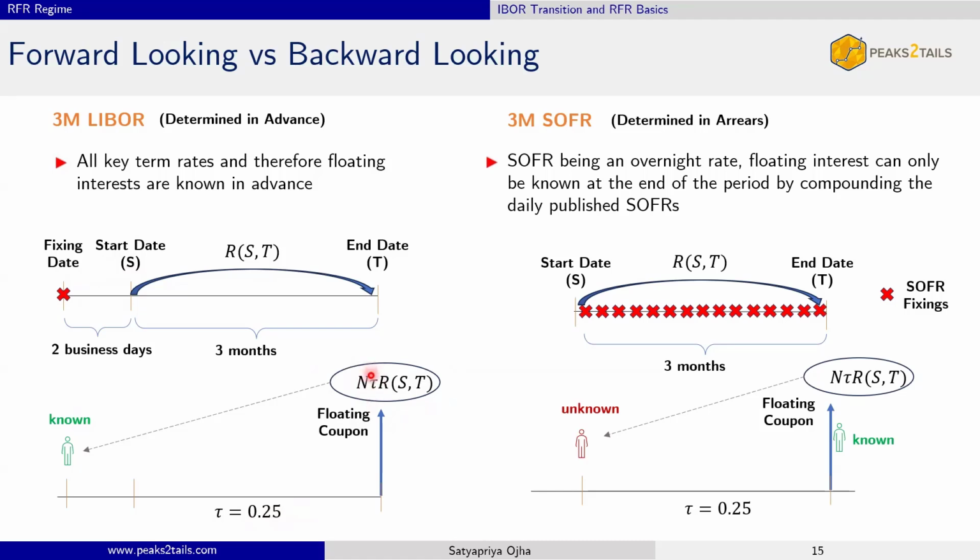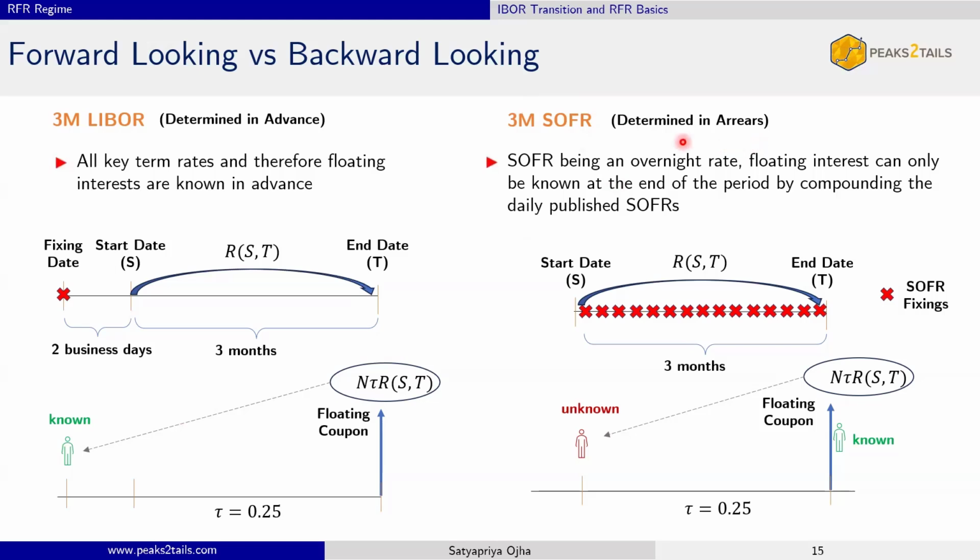Notional times 0.25 times this floating rate, correct? This floating rate is fully known at this point. You exactly know what is the floating payment that you're gonna get, right? So it is known in advance. Okay, so it was forward looking and it was known in advance. That is how we determine the floating coupon.